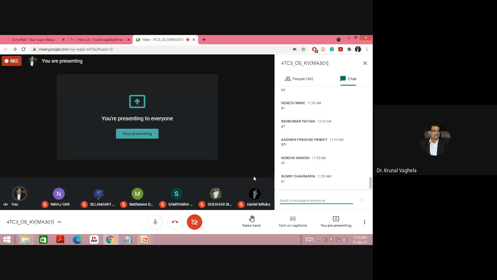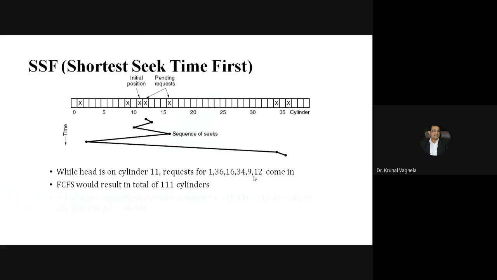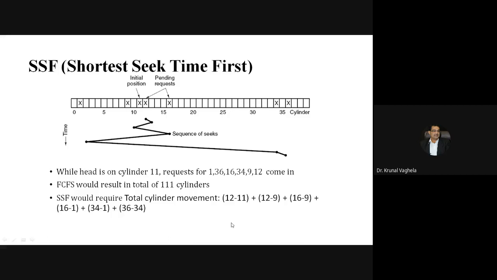Still 47, 57, 61. Let's see. So 12 minus 11, right? Plus 12 minus 9, 16 minus 9, 16 minus 1, 34 minus 1, and 36 minus 34. 61 is the answer.